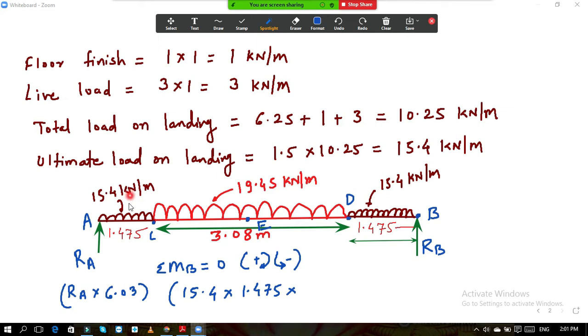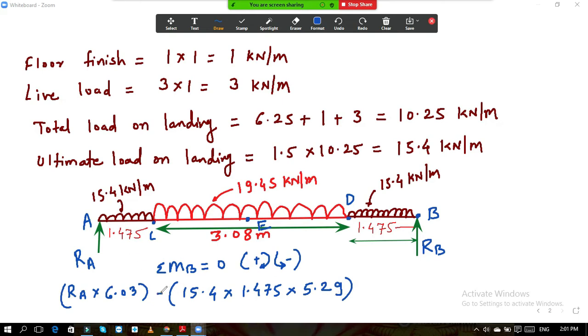It is 1.475 plus 3.08 plus 1.475 divided by 2. So it will be 5.29. So the distance is 5.29.